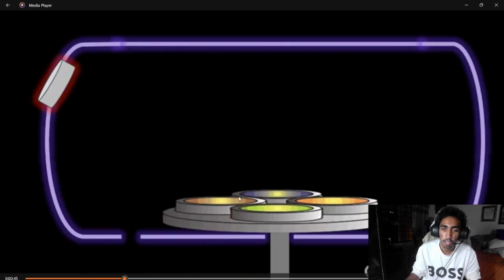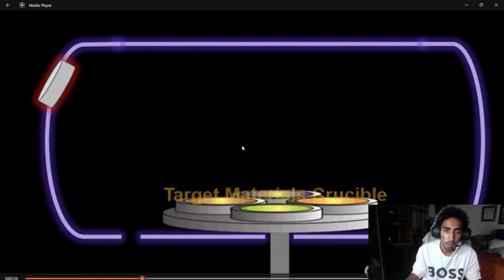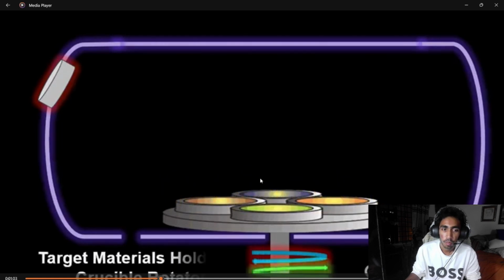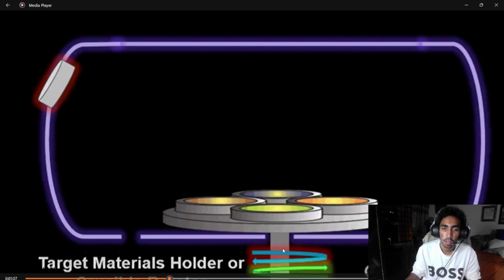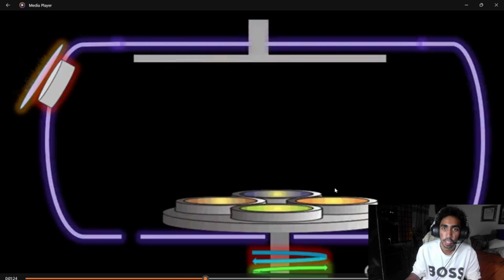So these are the target materials that have to be deposited onto the substrate. Here is the rotator that will rotate the materials one by one, so that when the laser hits onto the materials, it forms a cloud containing all the ions. So here is the lens to focus the laser, and then here is the substrate.